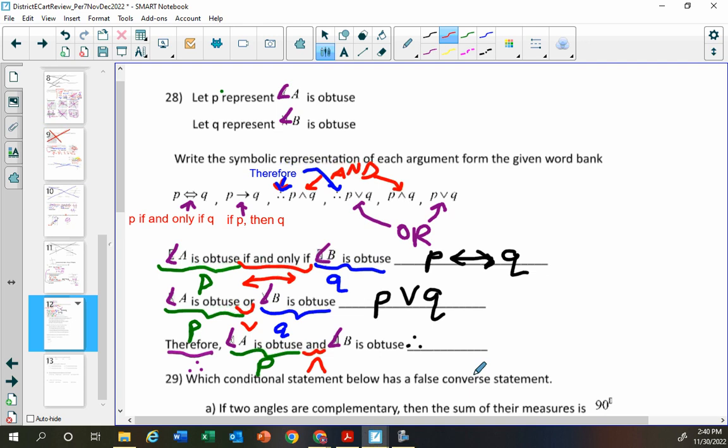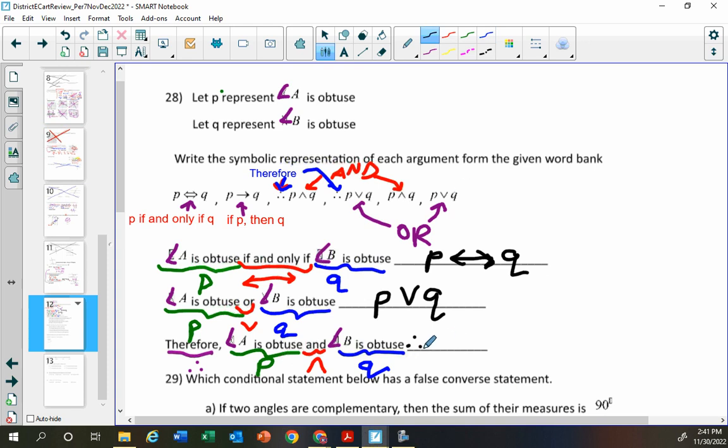Where it says P, V, P, V, Q. P, V, and then that's a Q. Sorry about that. Let me make that Q more like a Q. But that's all you're doing. All you're doing is just translating.